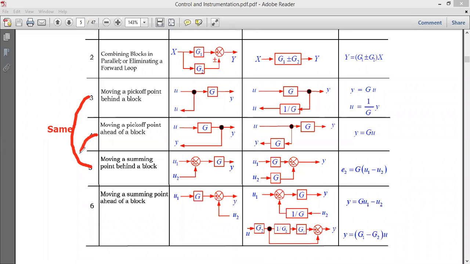Point number 4 says if you have a takeoff point after the block and you want to shift it before the block, you add one G. But if you have a summation and you want to shift this summation before the block, you should write it as 1 divided by G.